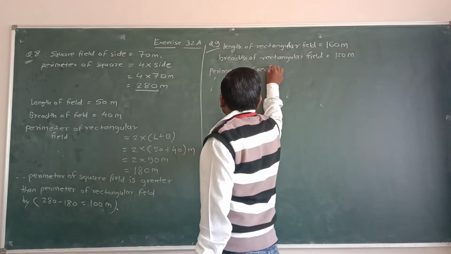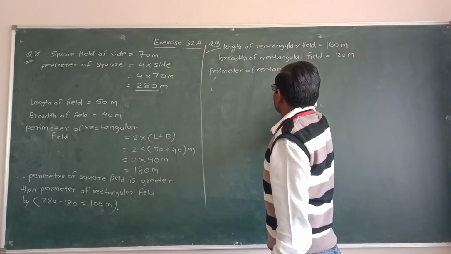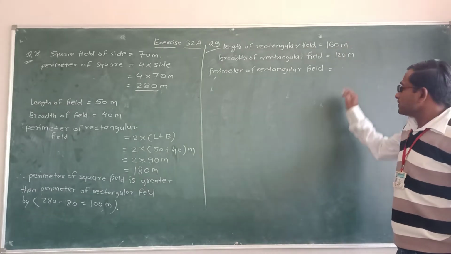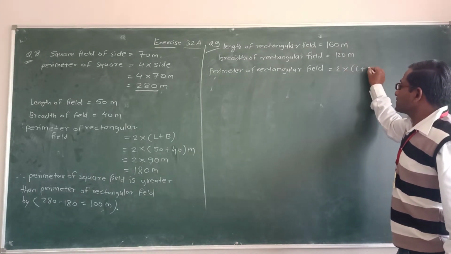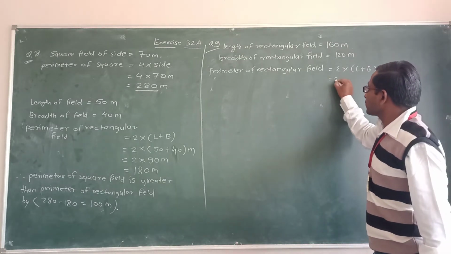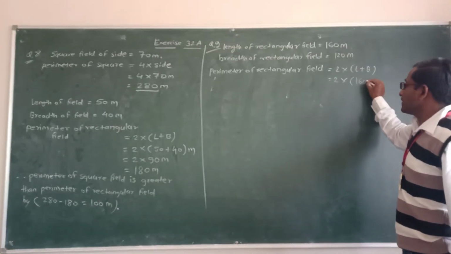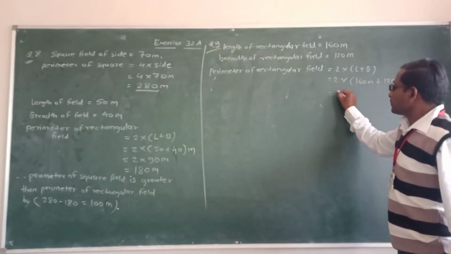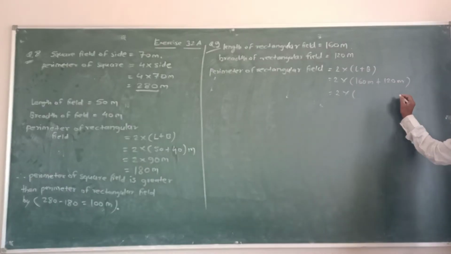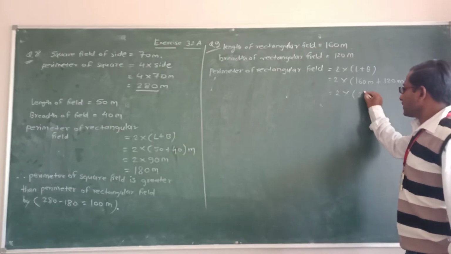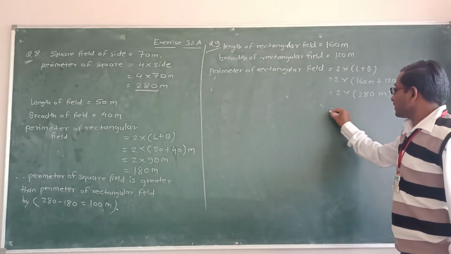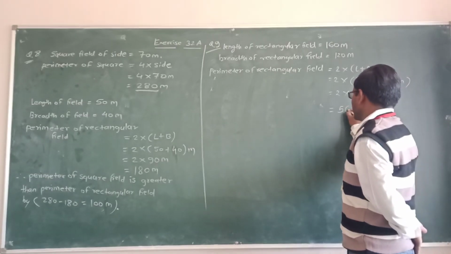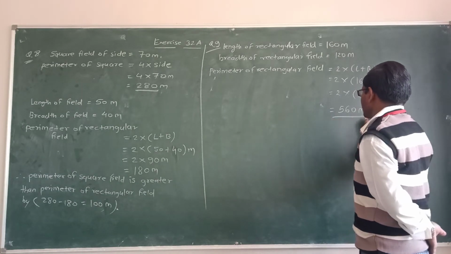Perimeter of rectangular field is equal to 2 multiplied by (L plus B), is equal to 2 multiplied by (160 meter plus 120 meter). 2 multiplied by 280 meter is equal to 560 meter.